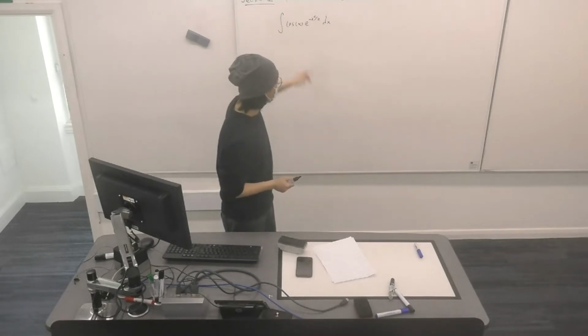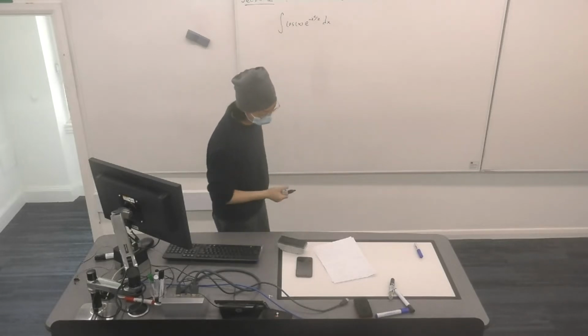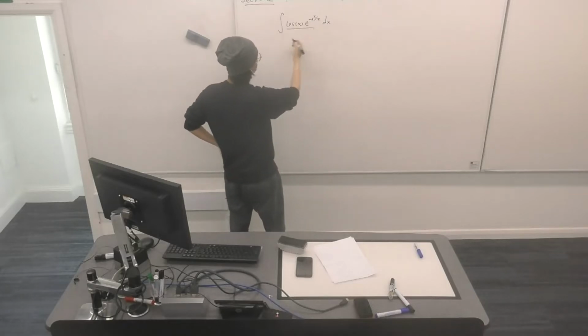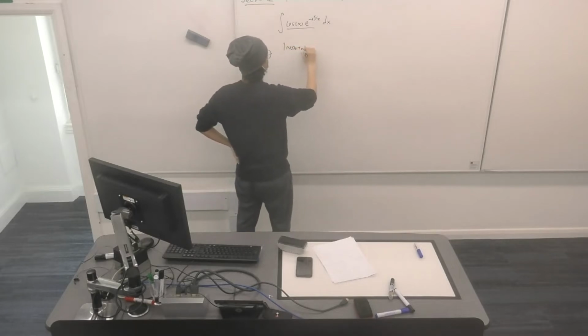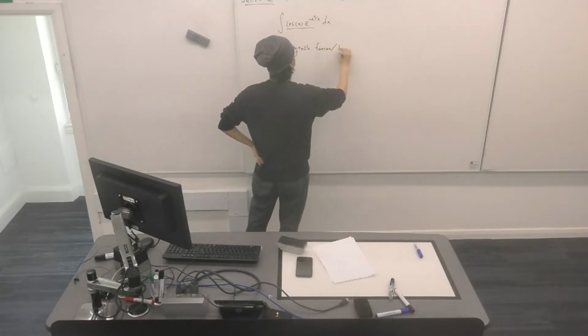John, can you find an antiderivative of this? No. Well, because it's hard. Such an integral does not have a good enough antiderivative. So we call this an intractable function or integral.